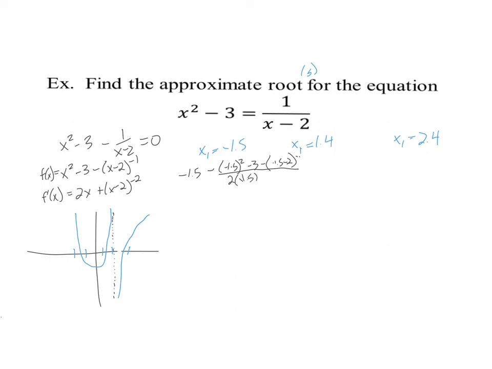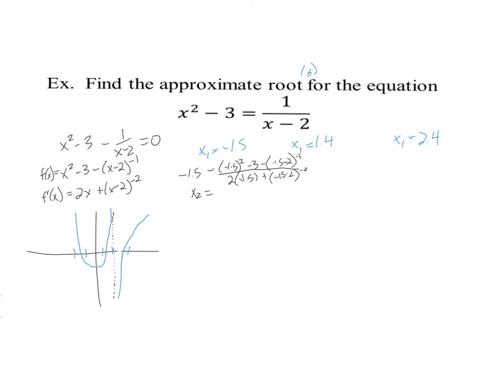So 2 times negative 1.5 plus negative 1.5 minus 2 to the negative 2. That's the calculation we're going to do on our calculator, and that'll give us our next approximation.